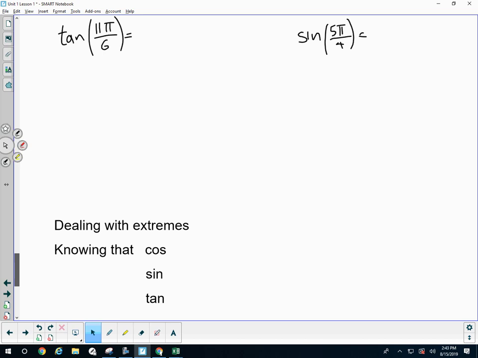You just need to be able to find 11 pi over 6. You need to be able to create the triangle. You need to understand the orientation, if you're going to the right or down or left or up. So that'll tell me if the lengths are positive or negative. Root 3 over 2 is the longer side length. Yep, root 3 over 2.